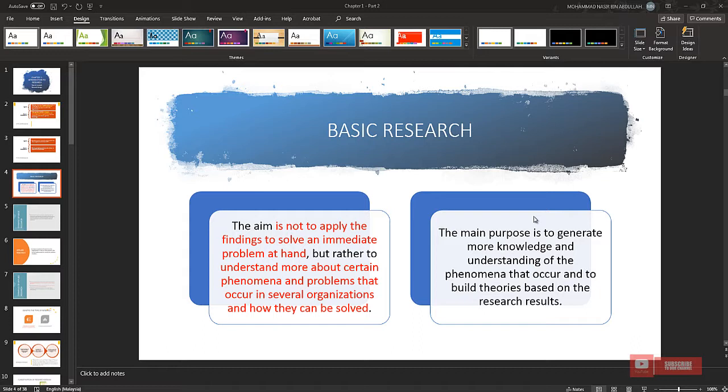This is the main purpose, to generate more knowledge and understand the phenomena that occur, to build theories based on the research results. So basically, this is basic research.